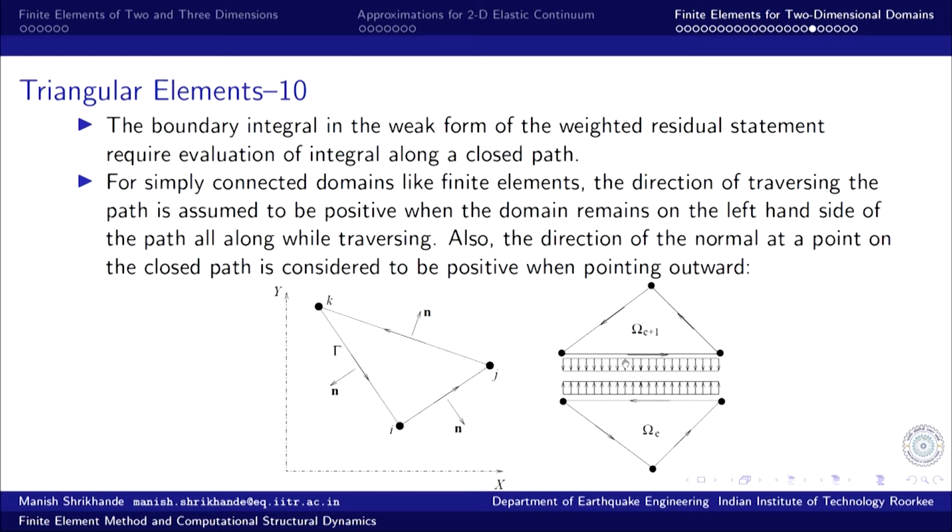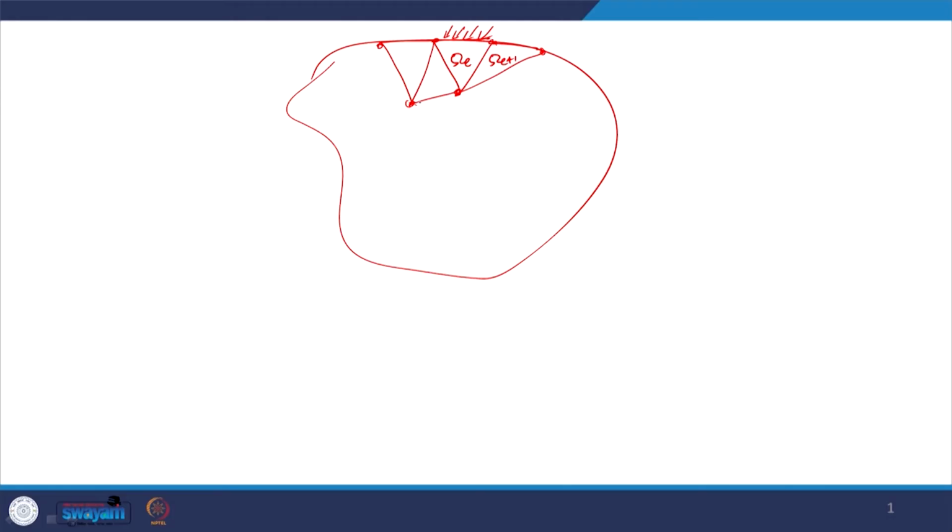Therefore, we do not really need to evaluate these boundary integrals when the boundary is in the interior of the domain. For example, this boundary is in the interior of the domain, and the problem domain is this, right. So, we need to evaluate this boundary term only when the element boundary coincides with the problem boundary.